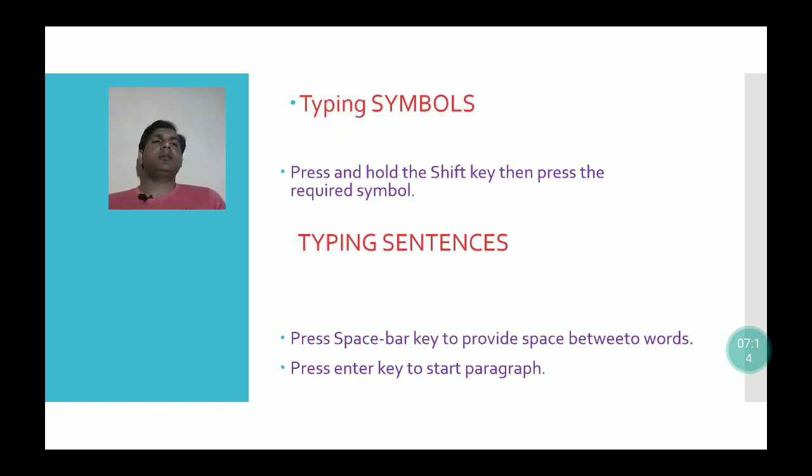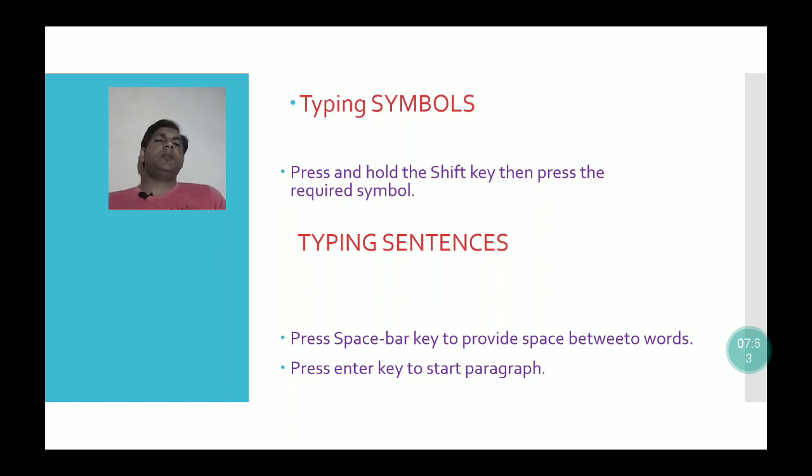Next is typing symbols. For typing symbols, generally we press and hold the shift key and then press the required symbol. There are different kinds of symbols in typing, and we can type these symbols by holding the shift key. And for typing sentences, we need to write different words, with a space between the words.